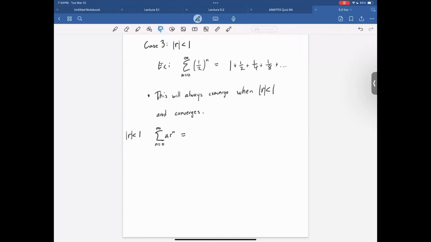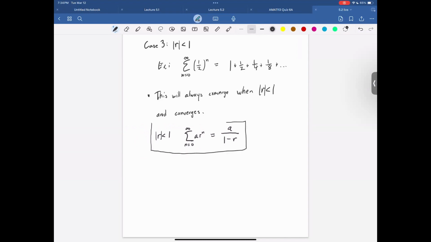This is always going to be equal to a over 1 minus r. Right? And if you take nothing else from this lecture, which you should, this formula is pretty cool.